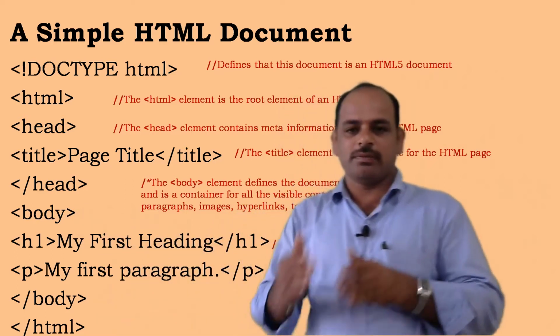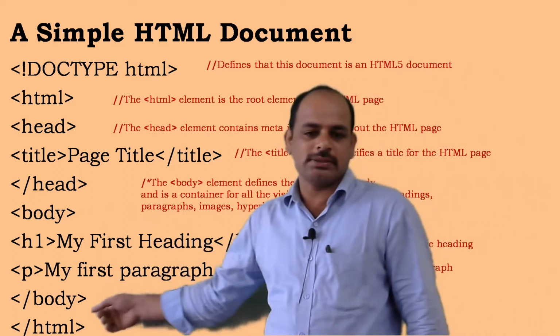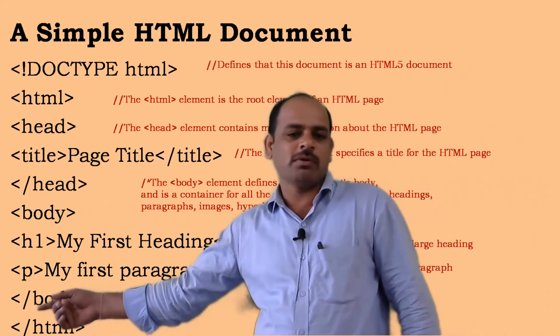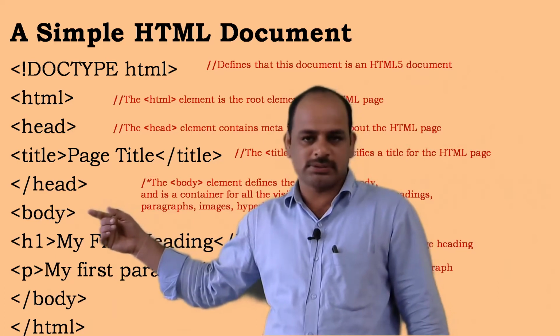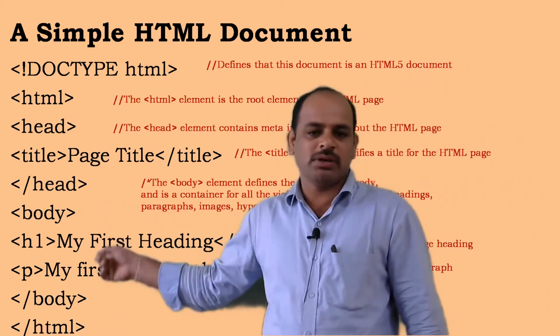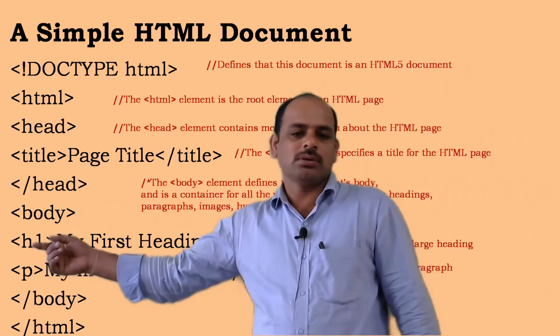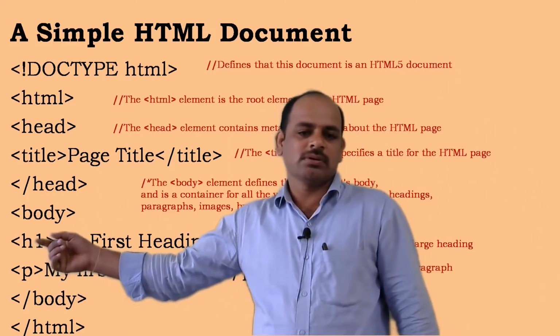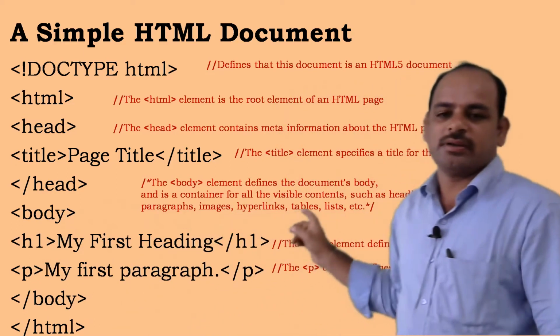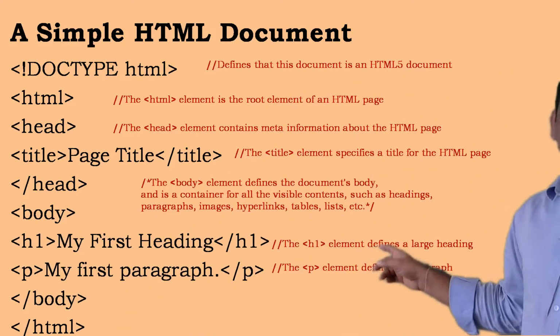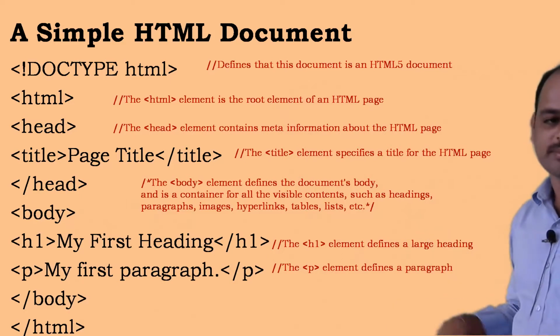Basically, the closing tag is represented by a forward slash, and for the opening tag there is no forward slash, right? In between we have two tags, that is H1 and P. H1 represents the heading tag, right? The element H1 defines a large heading.